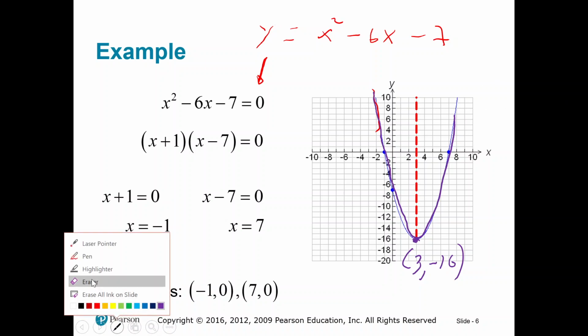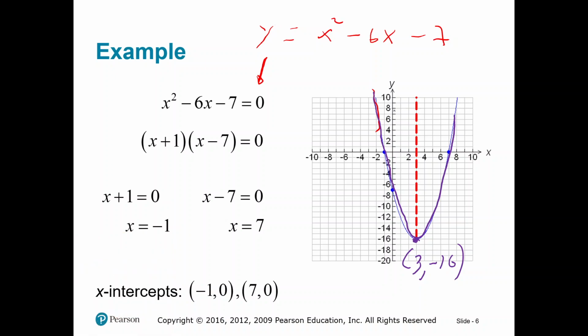The red line here is x equals 3, which is the line of symmetry.